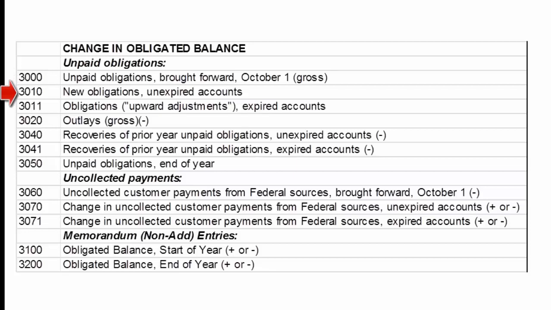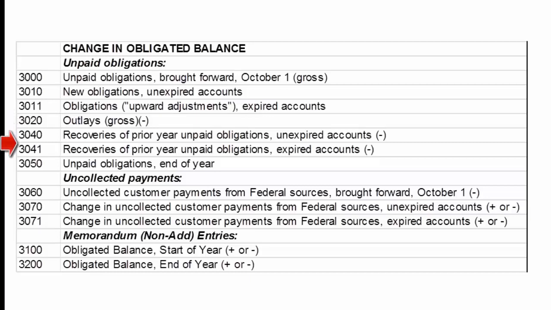Line 3010 captures new obligations for unexpired accounts, and line 3011 reflects upward adjustments, that is, obligations of expired balances. Line 3020 reflects total outlays, both from direct resources as well as offsetting collections. The term for this is gross outlays.